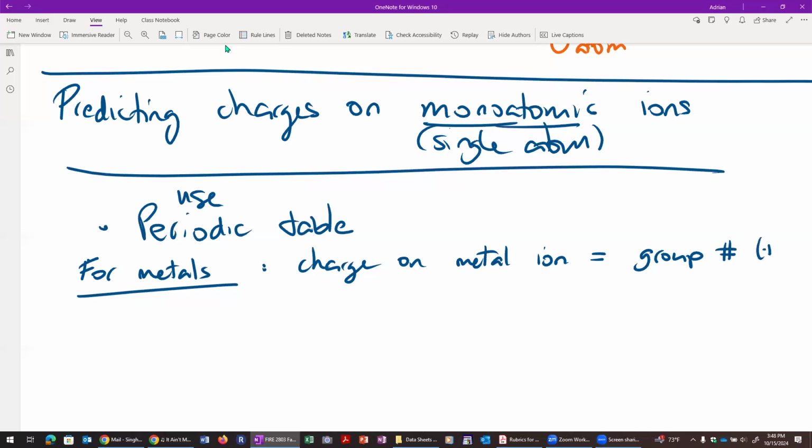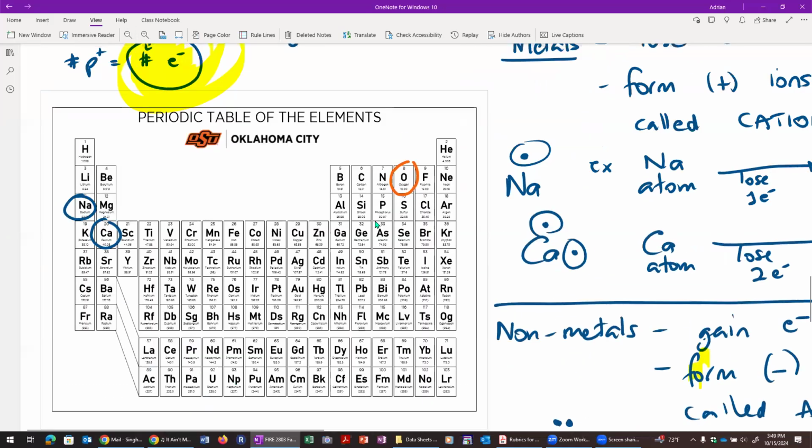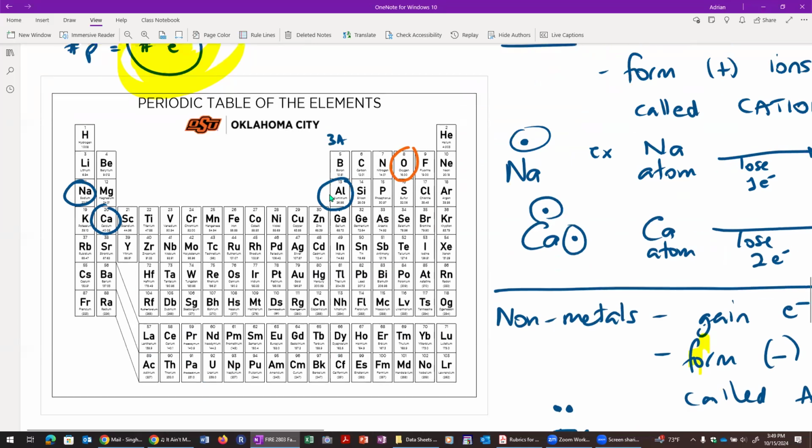And again, it's a positive value. So that's simple enough. I can locate my element. If it's a metal, find the group number that it's in, whatever group number, that's the charge, and it's a positive charge. So for instance, if you take a look at aluminum over here, aluminum is in group 3A, and it's a metal.